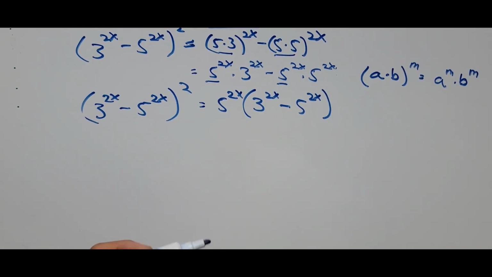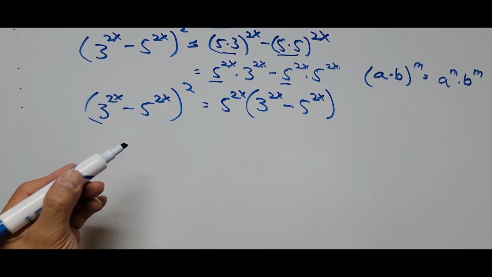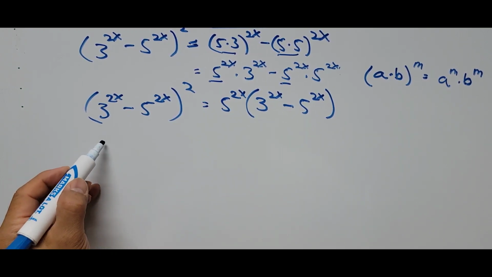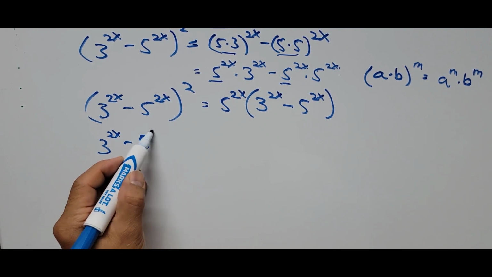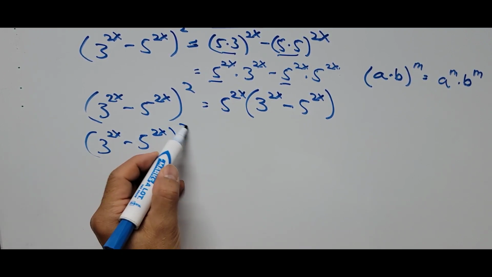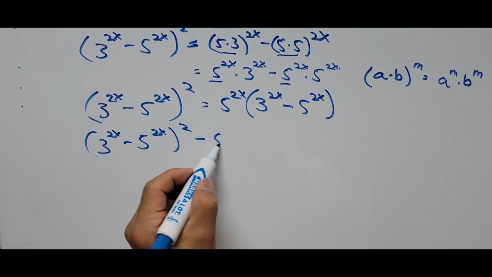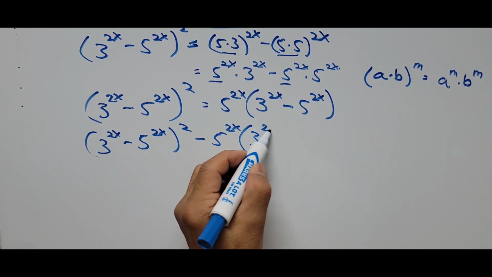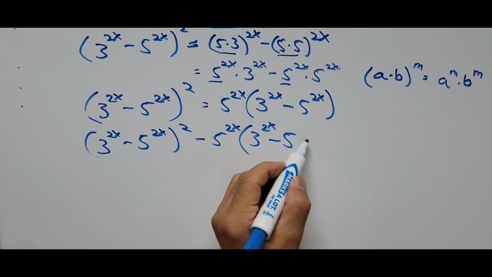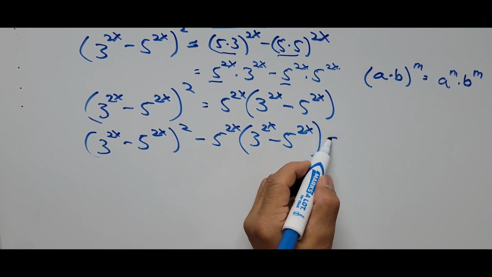From here we move the right side of the equation to the left, so this becomes 3 power 2x minus 5 power 2x, squared, minus 5 power 2x times the quantity 3 power 2x minus 5 power 2x, equals 0.